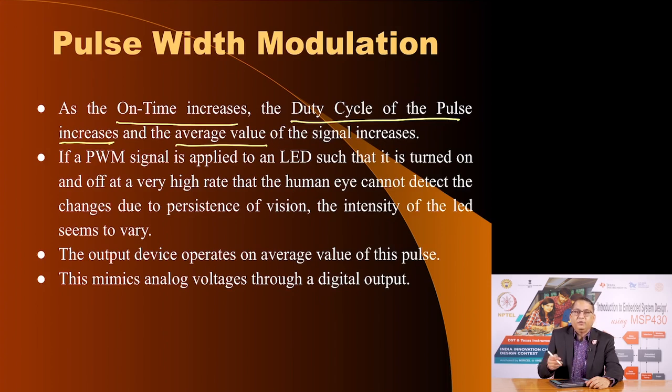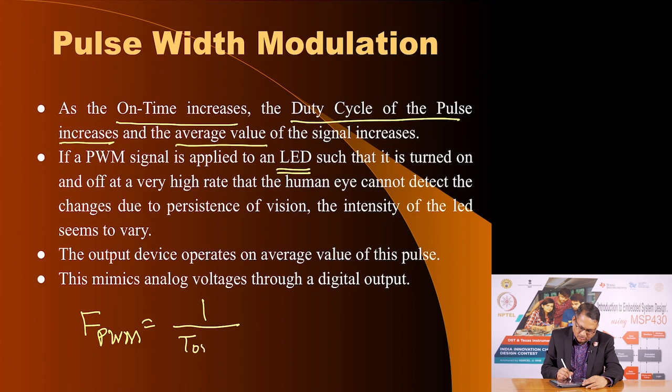Now, if we applied a PWM signal to an output device such as an LED, and the frequency of the PWM signal, FPWM, is equal to 1 by T on plus T off, is much higher than the rate at which the human eye can perceive on and off of a LED, then the eye will not perceive the LED as on and off.